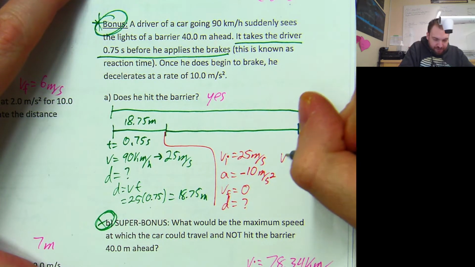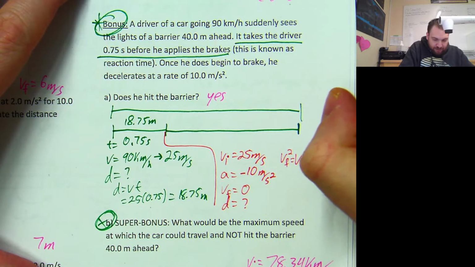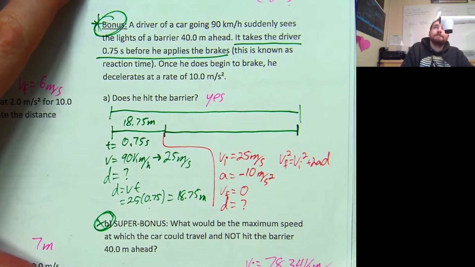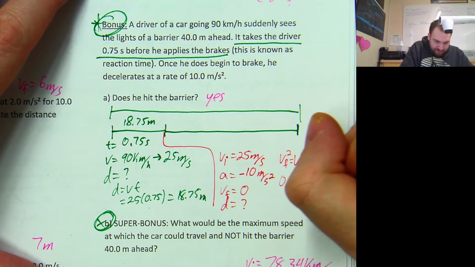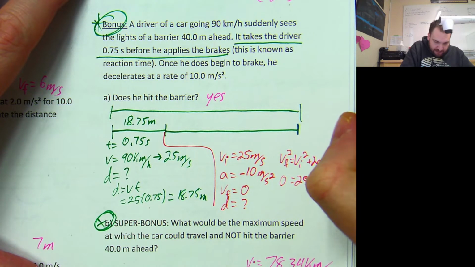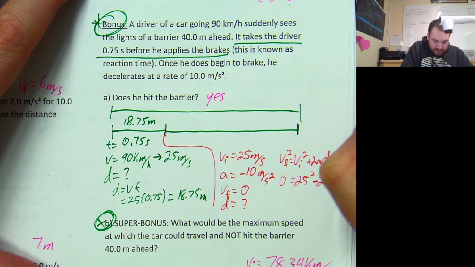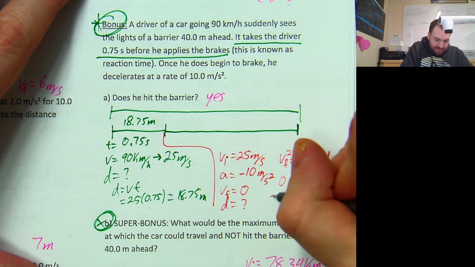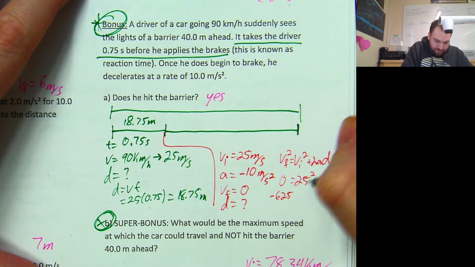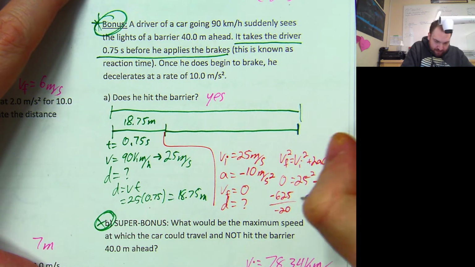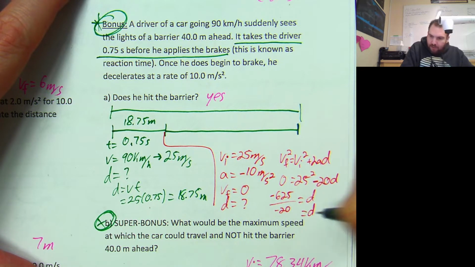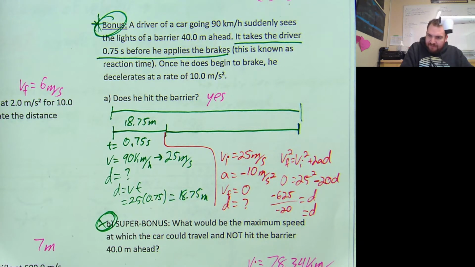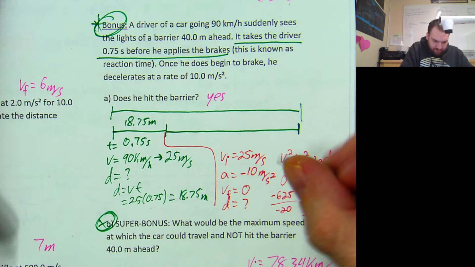So the equation we're going to use is VF squared equals VI squared plus 2AD. VF is 0, VI is 25, square that, minus 20D. So 25 squared is 625. So it's going to be negative 625 divided by negative 20 equals D. We're going to get a distance there of, if I'm not mistaken, 31.25.